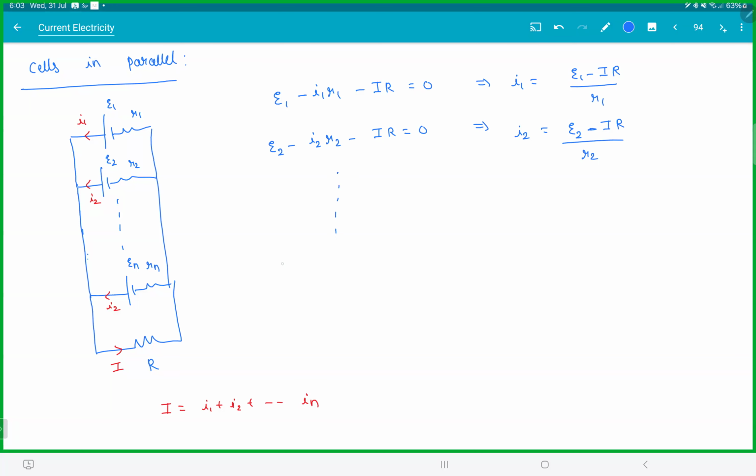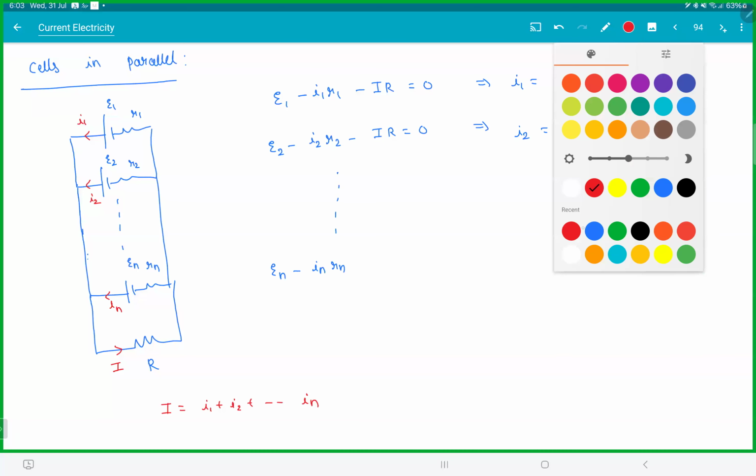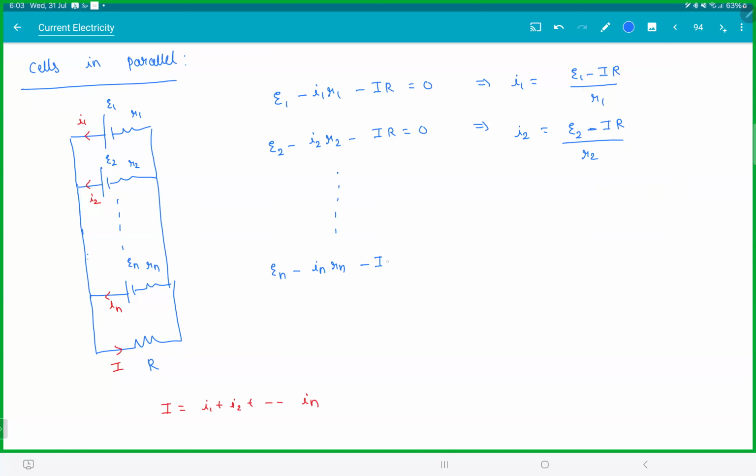Now, if you do this so on, you end up with En minus In Rn minus IR equal to 0. This would be In equals En minus IR by Rn.